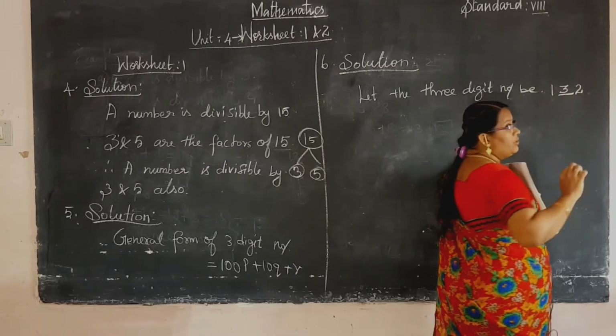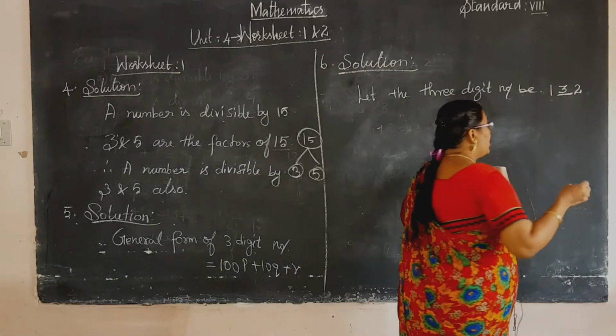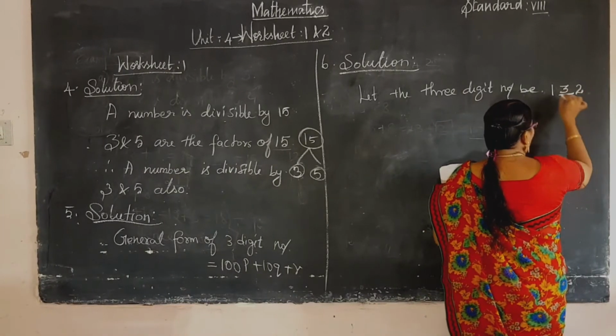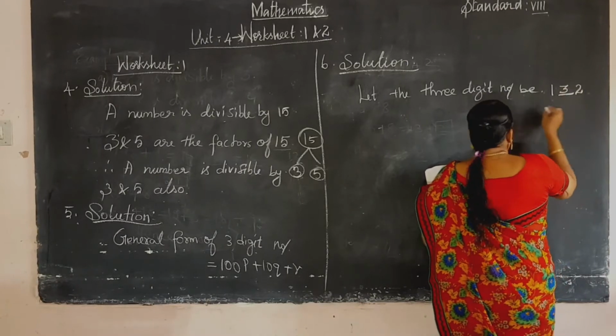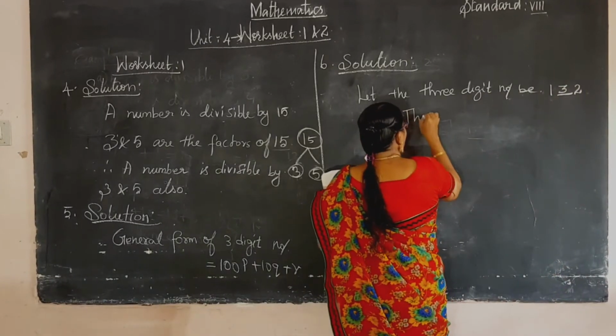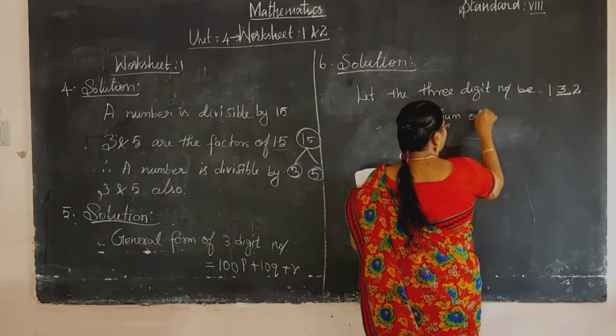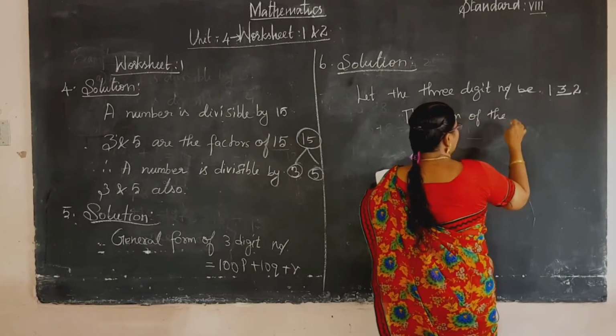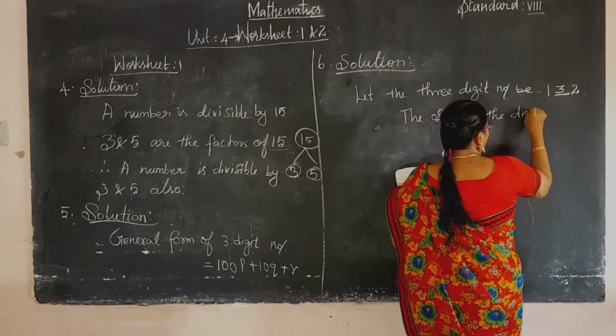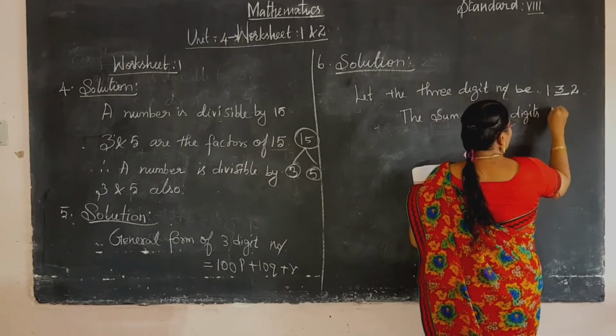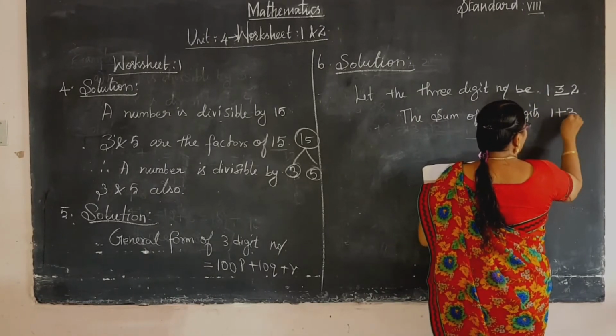Is this divisible by 3? We will check the sum of the digits. The sum of the digits is 1 plus 3 plus 2.